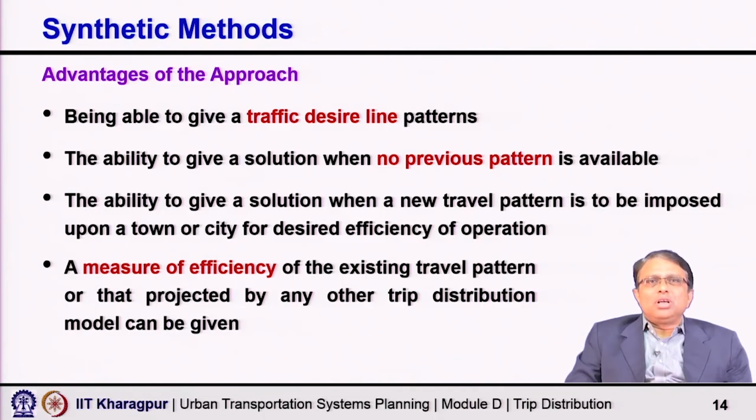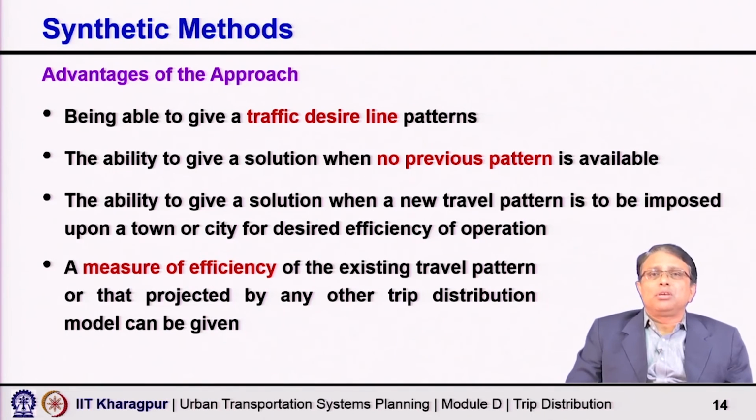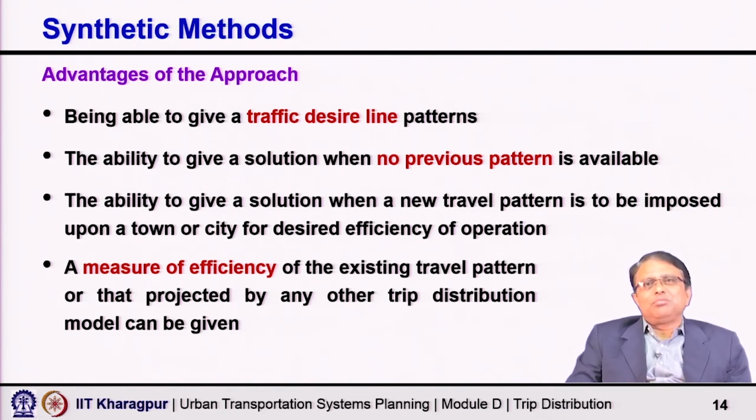So, maybe the complete change you expect in the travel pattern, because the whole metro network has been opened up and is operational now. So, you can use it and say what would be the travel distribution, the trip distribution. A measure of efficiency of the existing travel pattern, or that projected by any other trip distribution model, can be given.